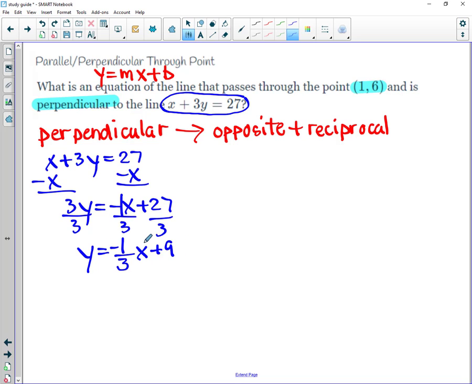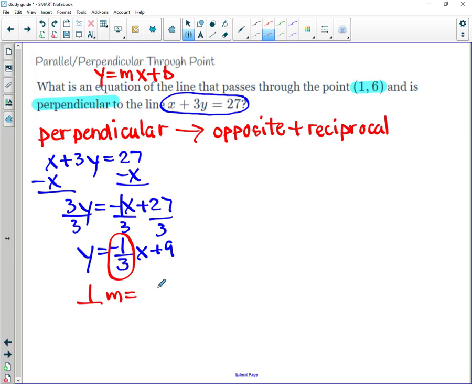We do all that work because now I need to steal the slope. So my slope is -1/3. In the last one, if it was parallel, I would just use -1/3. But in this case, it's perpendicular. This inverted capital T stands for perpendicular.